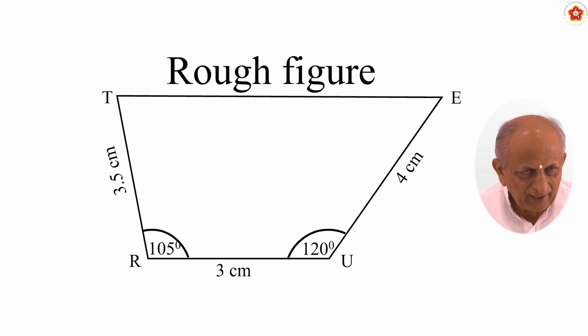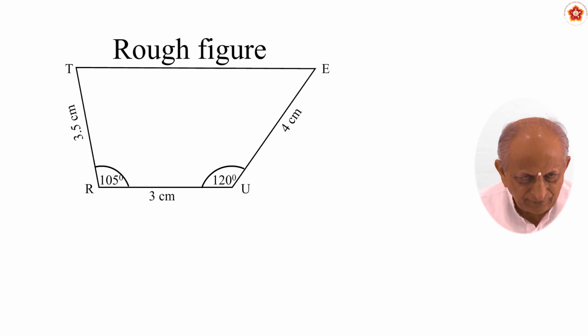TR is drawn with 3.5 centimeters, which should be more than 3. And UE is 4 centimeters, which should be more than TR. Join TE. This is a rough figure. So you must have a clear picture of how the figure comes.